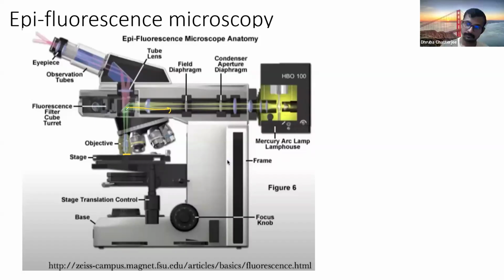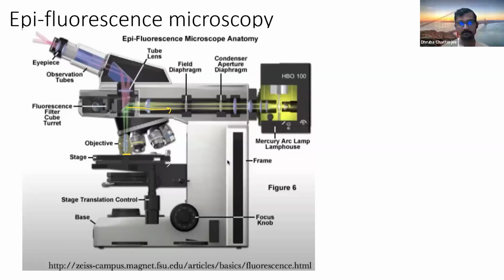This longer wavelength fluorescence light will be collected by the objective lens, reflected by the dichroic mirror towards a set of lenses, which will focus it to the detector, which will eventually give you the fluorescence image.